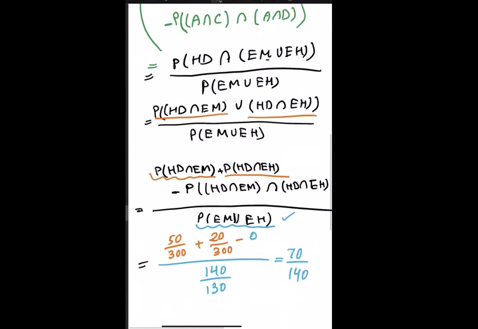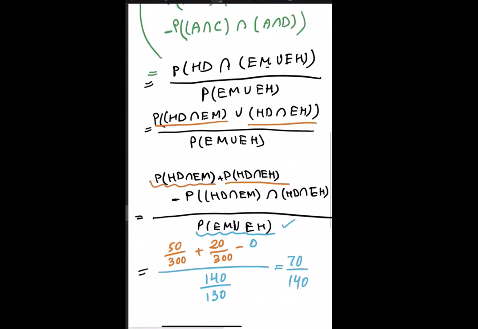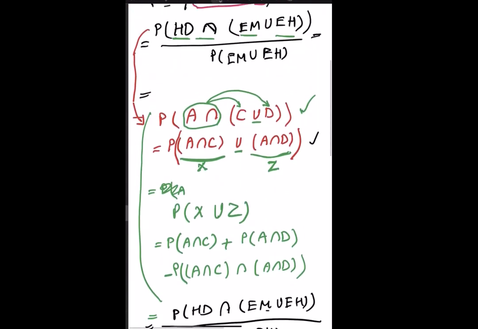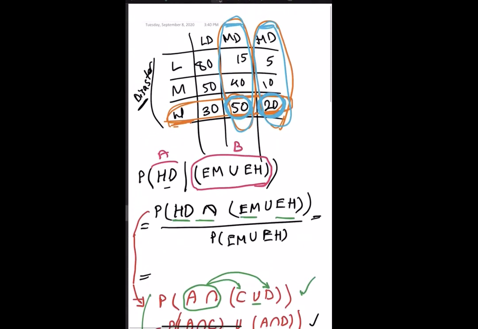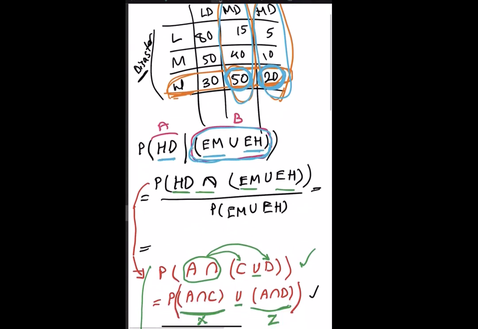The only part in this question that was maybe not similar to what we had done before is this part: the probability that the road has high debris, given that the level of earthquake is moderate or high. So just write everything. As long as you can write the problem statement in terms of the probability rules, the probability notations, then you are good to go.